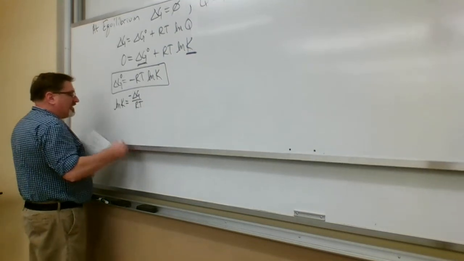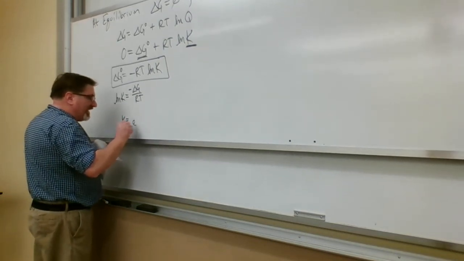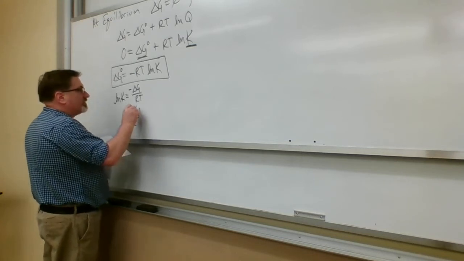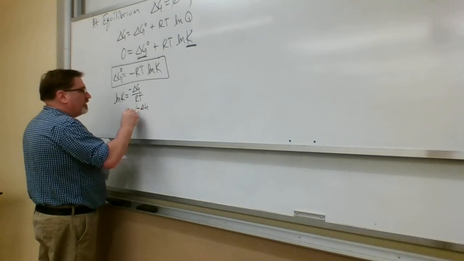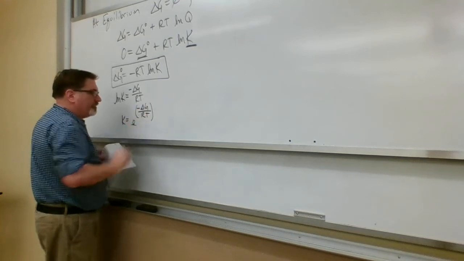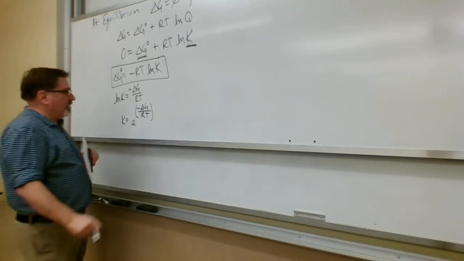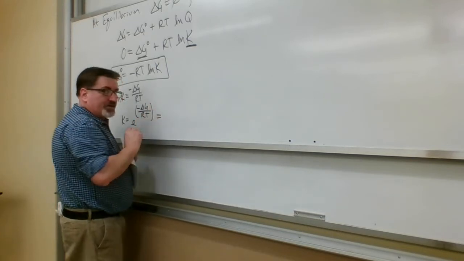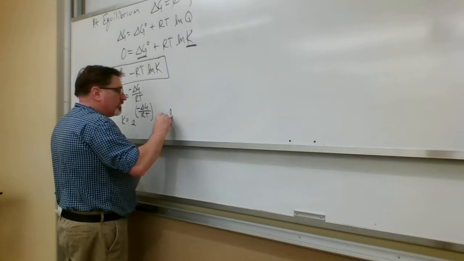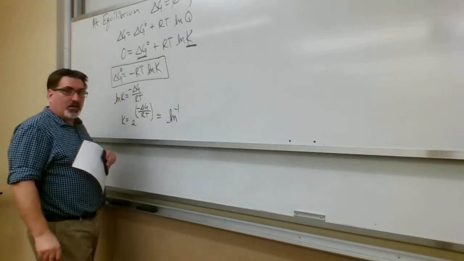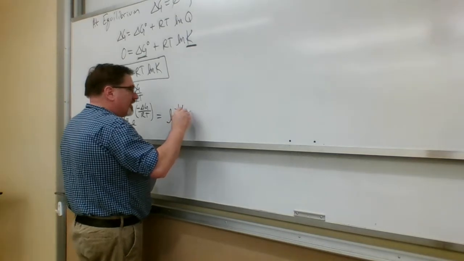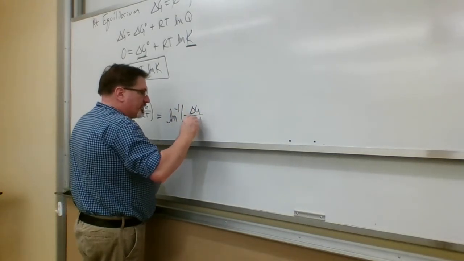We'll also see it as K equals e raised to the power of minus delta G over RT. And we'll also see this, depending on who your textbook writer is or your algebra teacher was, inverse natural log, ln to the minus 1, inverse natural log of minus delta G over RT.